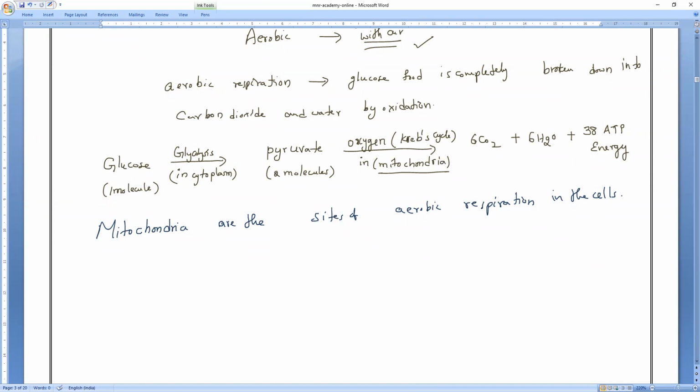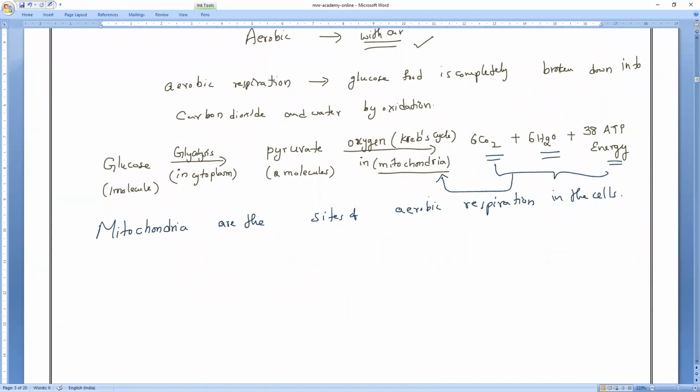So the complete process, pyruvate into carbon dioxide plus water plus releasing energy, takes place at which point? All of you. Takes place inside the mitochondria. So the energy released during aerobic respiration is used only by the organism. Most living organisms, including plants and animals, carry out what respiration?